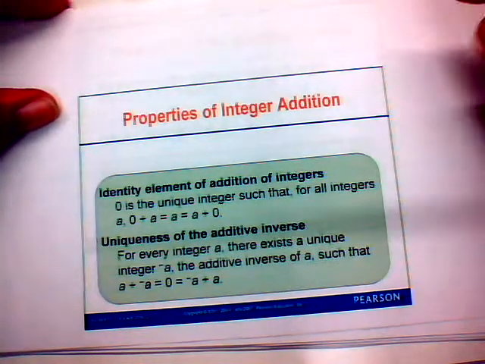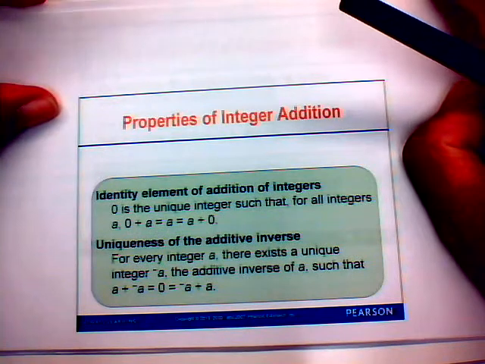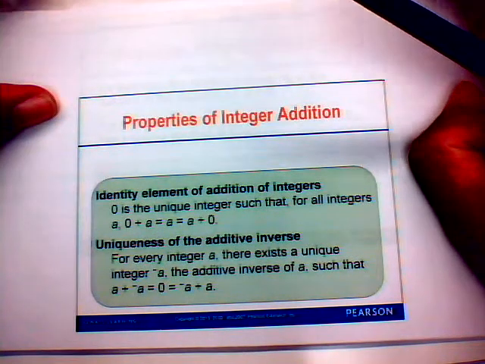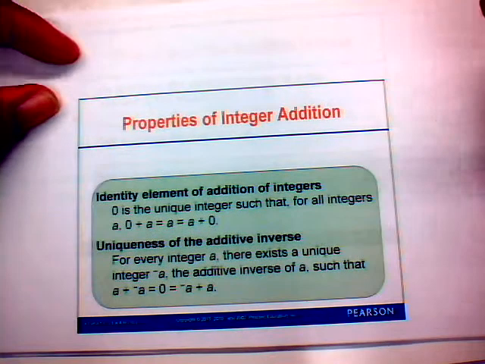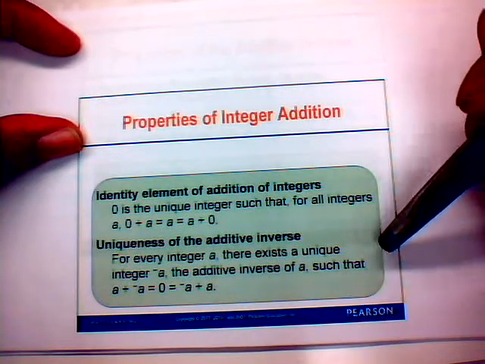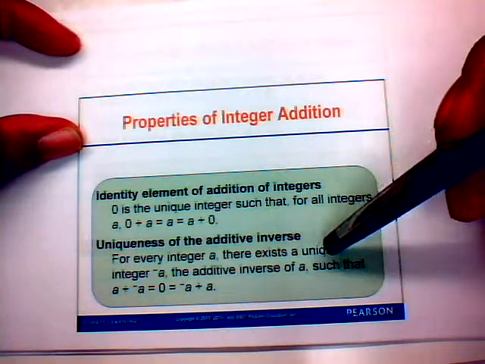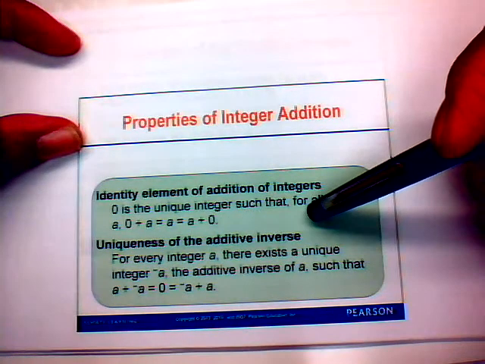The identity element is still going to be 0 in addition. 0 plus any number is that particular number. And then you have the uniqueness of the additive inverse.